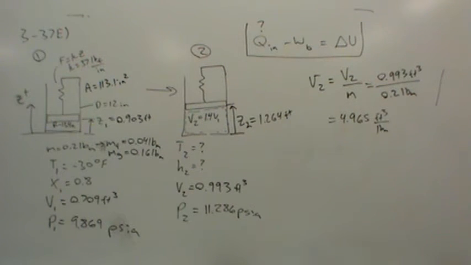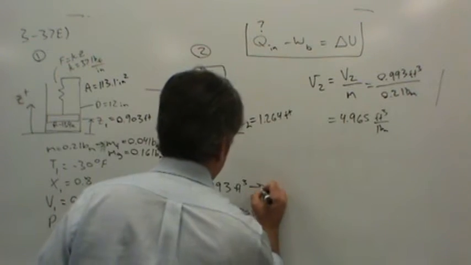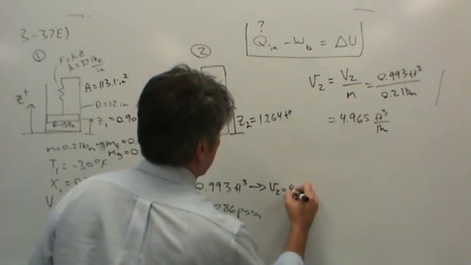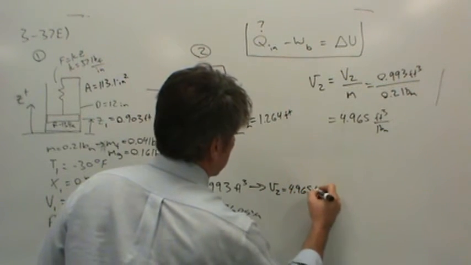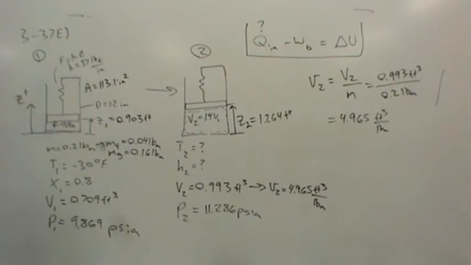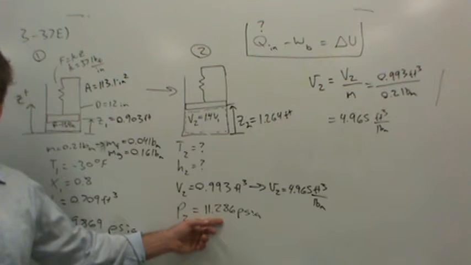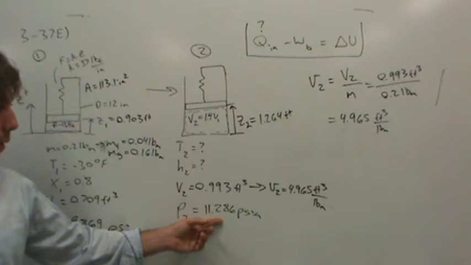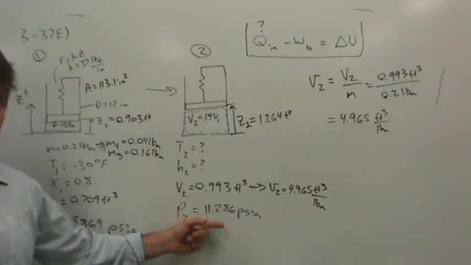So now we have the specific volume in state 2. We got it from here. Why the heck would we care? I'll show you. Go to the saturated tables, but go to the pressure tables. And look for a pressure of 11.286 PSIA.